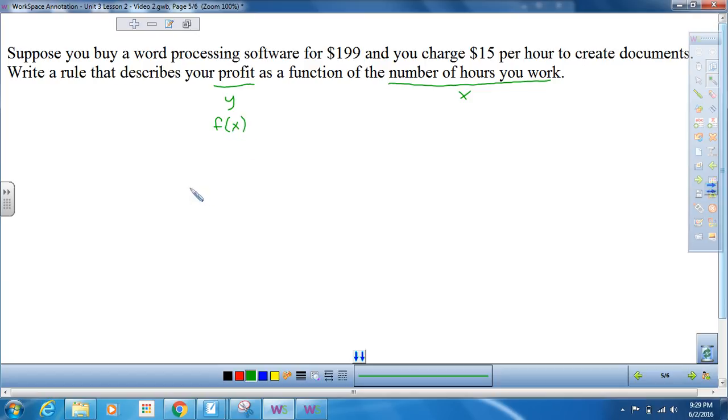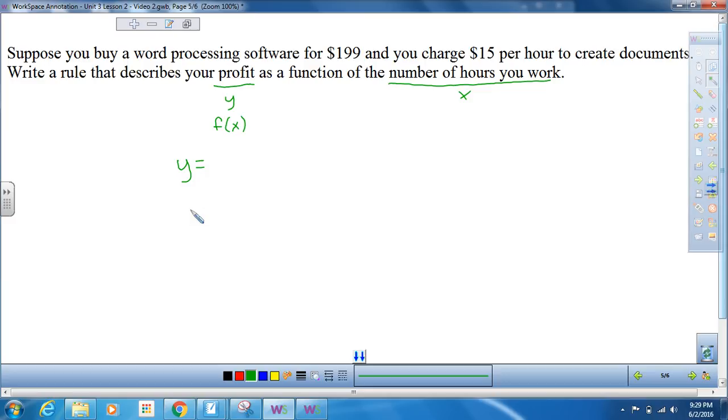Okay. So I'm going to start with y equals, and then I want to look at these numbers here and see how they apply to this rule.